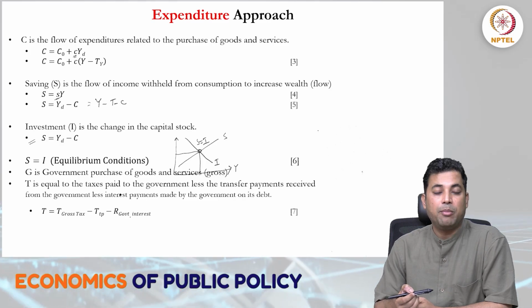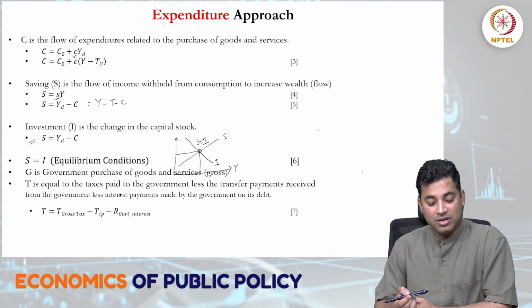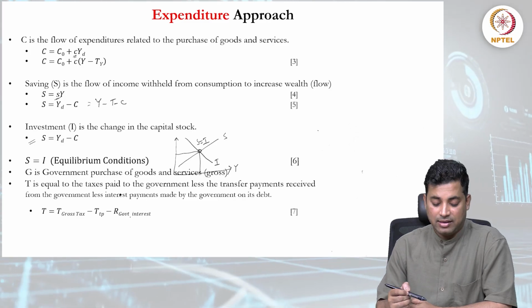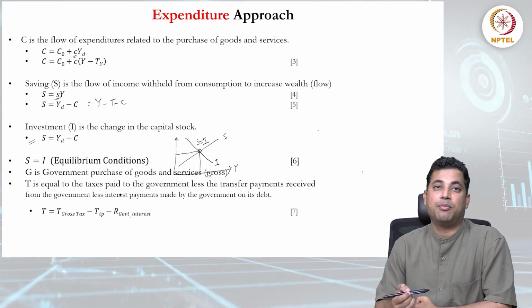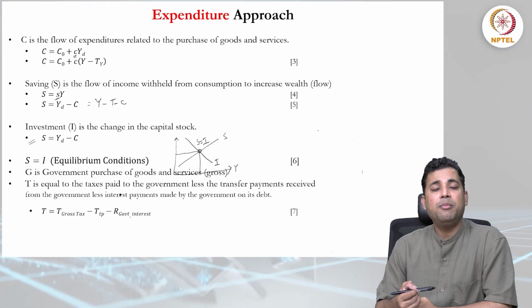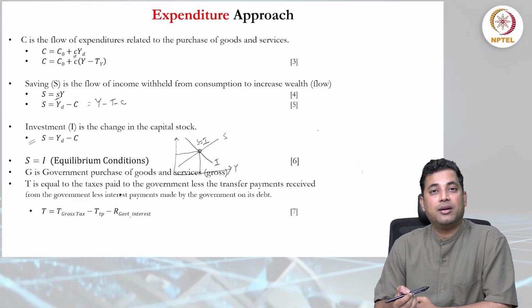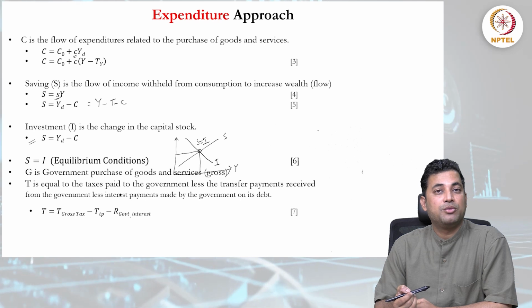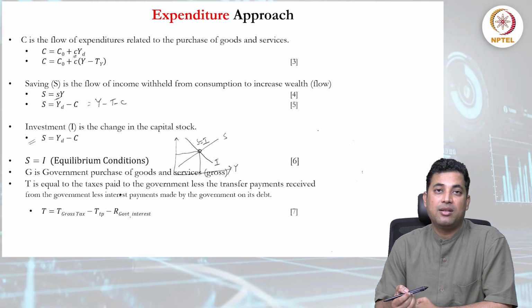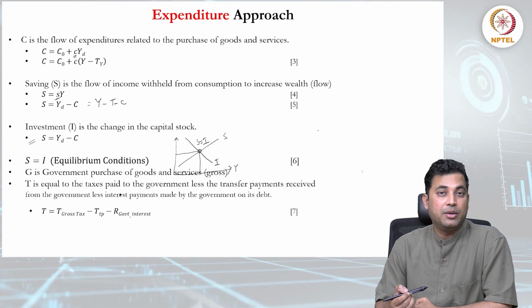Households will pay taxes, both direct and indirect taxes. Through distributive and redistributive policies, the government will return money through transfer payments or wages for public work.